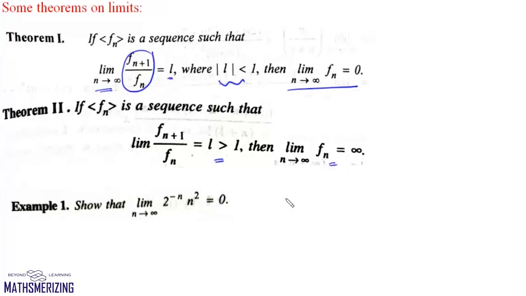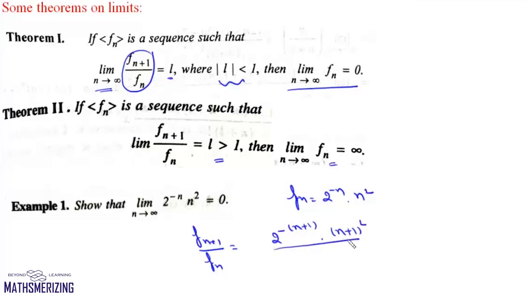Now what we'll do is we'll write f_n as 2 to the power minus n into n square. Now f_{n+1} upon f_n will be 2 to the power of minus (n plus 1) into (n plus 1) square upon 2 to the power minus n into n square. Now 2 to the power minus n will cancel, so we can write this as (n plus 1) square upon 2n square.